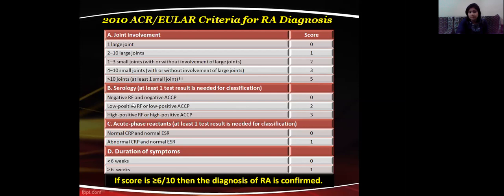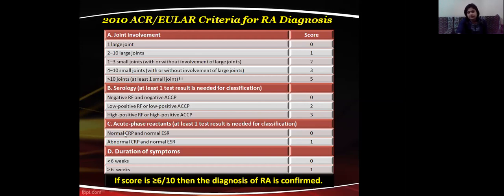If low positive rheumatoid factor or low positive anti-CCP antibodies, the person will get score 2. If high positive rheumatoid factor or high positive anti-CCP antibodies, the person will get score 3.